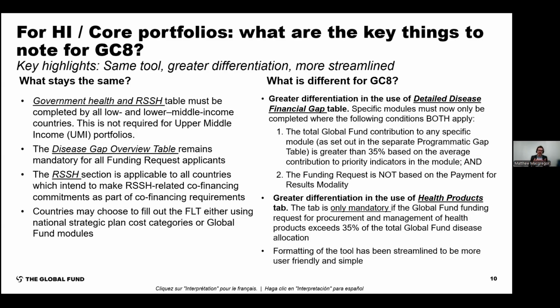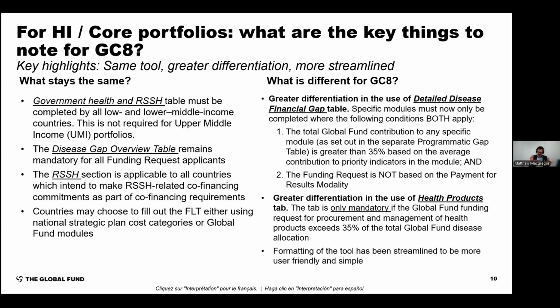One of the reasons that the government health is not required for upper middle income portfolios is because in the Global Fund's own co-financing requirements, we have differentiated our approach and we no longer ask for commitments for upper middle income portfolios specifically to health overall. So the tool reflects those changes. The disease gap overview table still remains mandatory for all funding request applicants. That's the same as GC7.